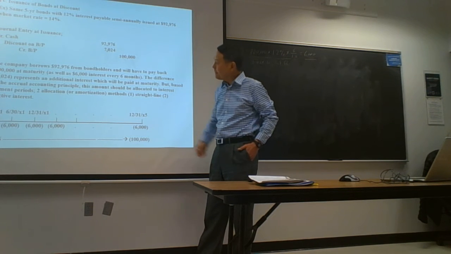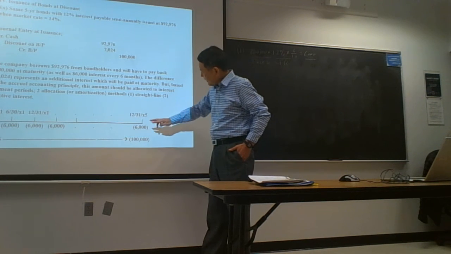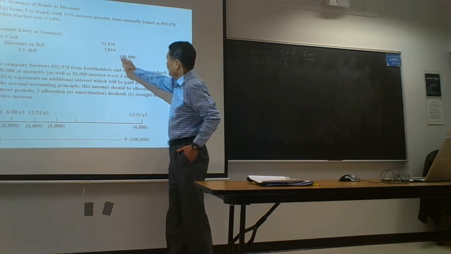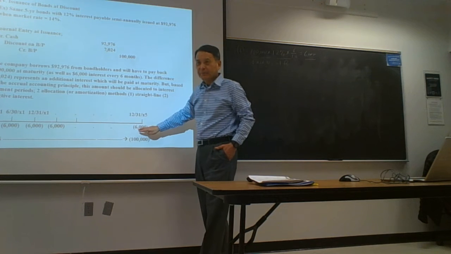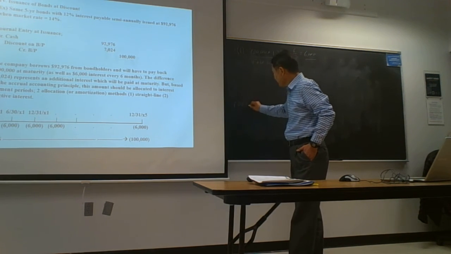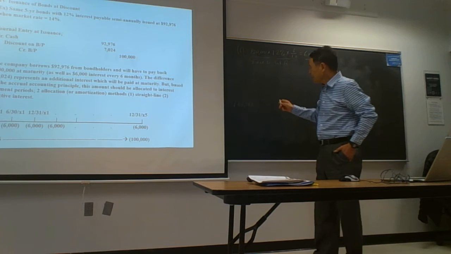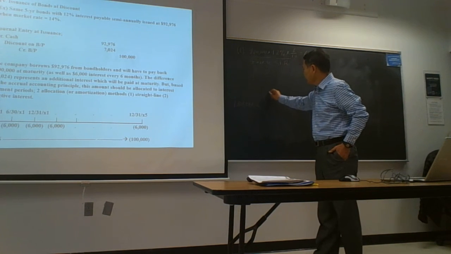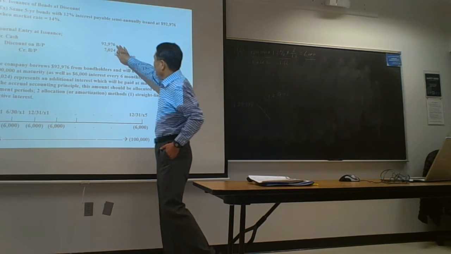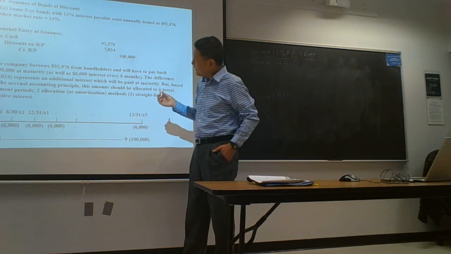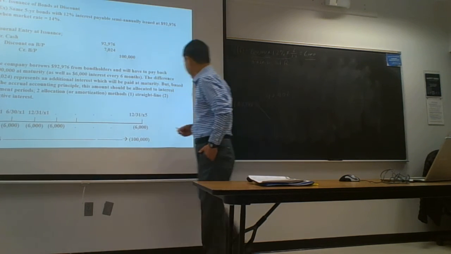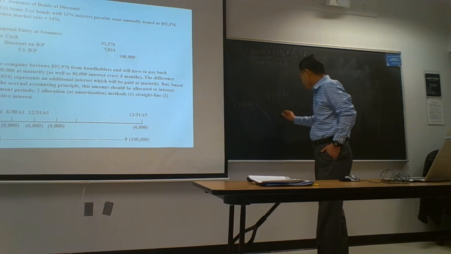Okay, regular interest. In addition to this regular interest, this company will have to pay 7,024 at maturity, because this 100,000 maturity value consists of two parts: 92,976, which the company borrowed on January 1st, 2001, and 7,024.